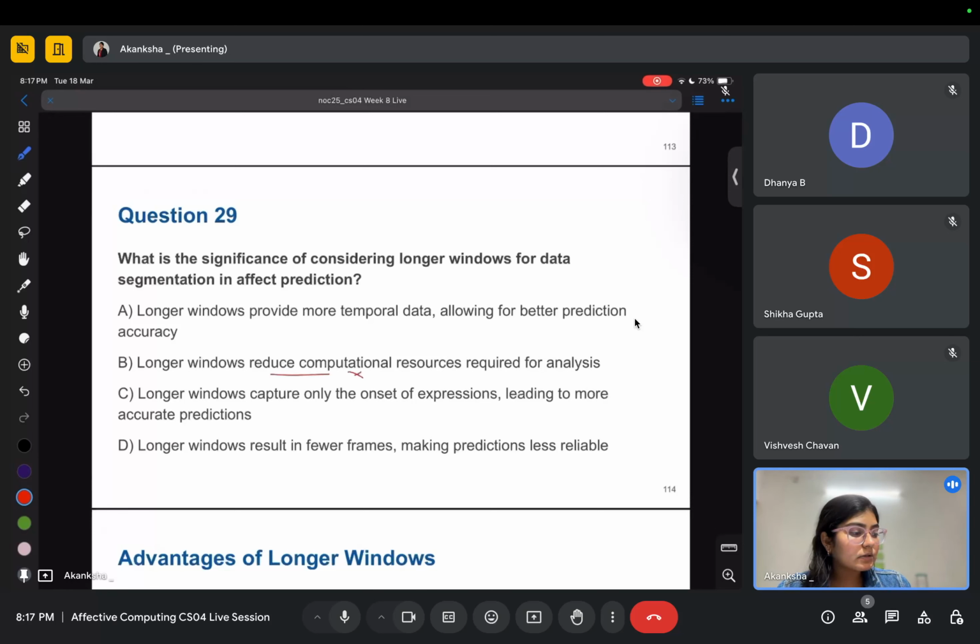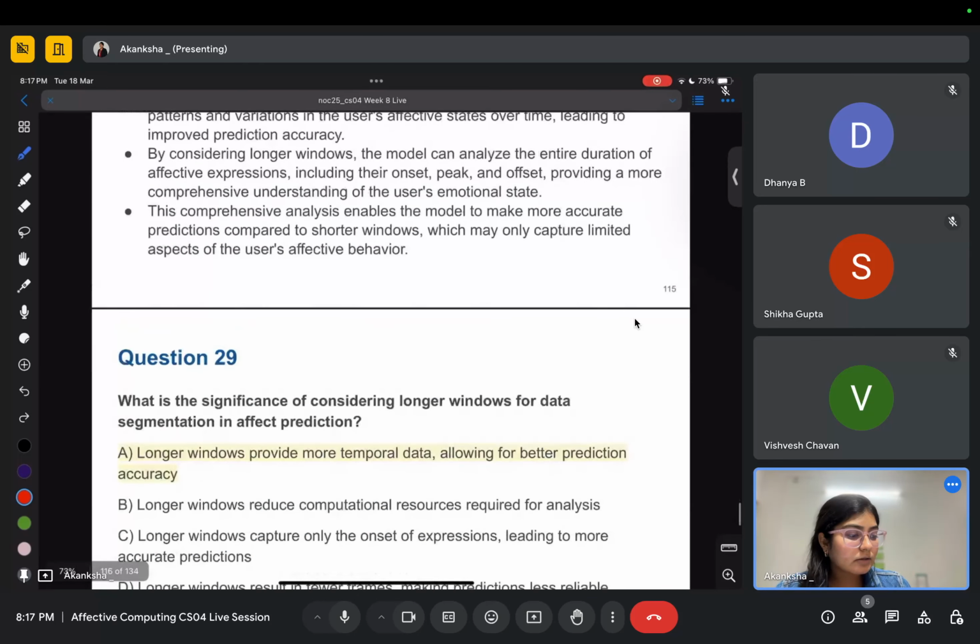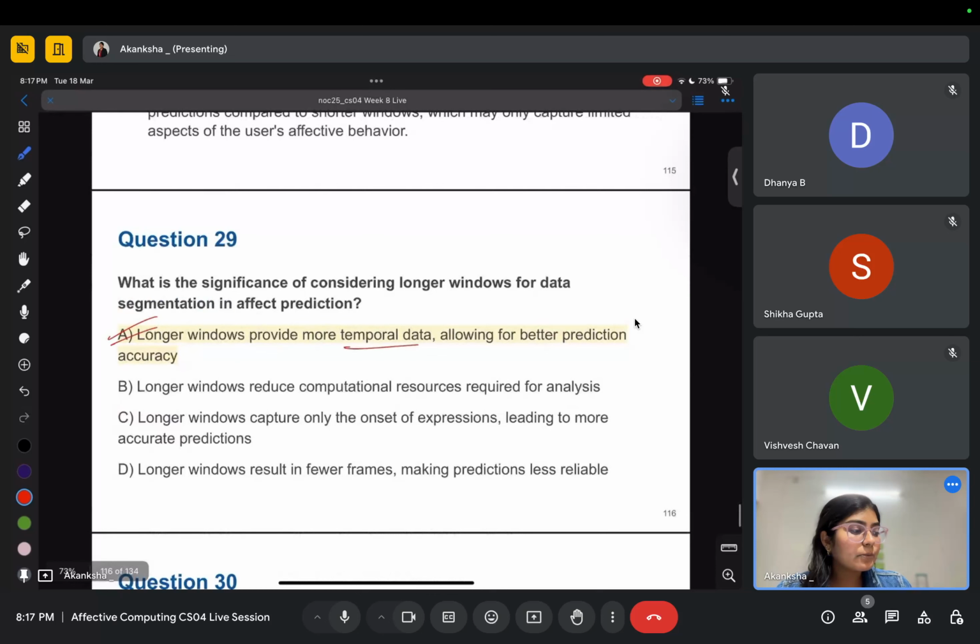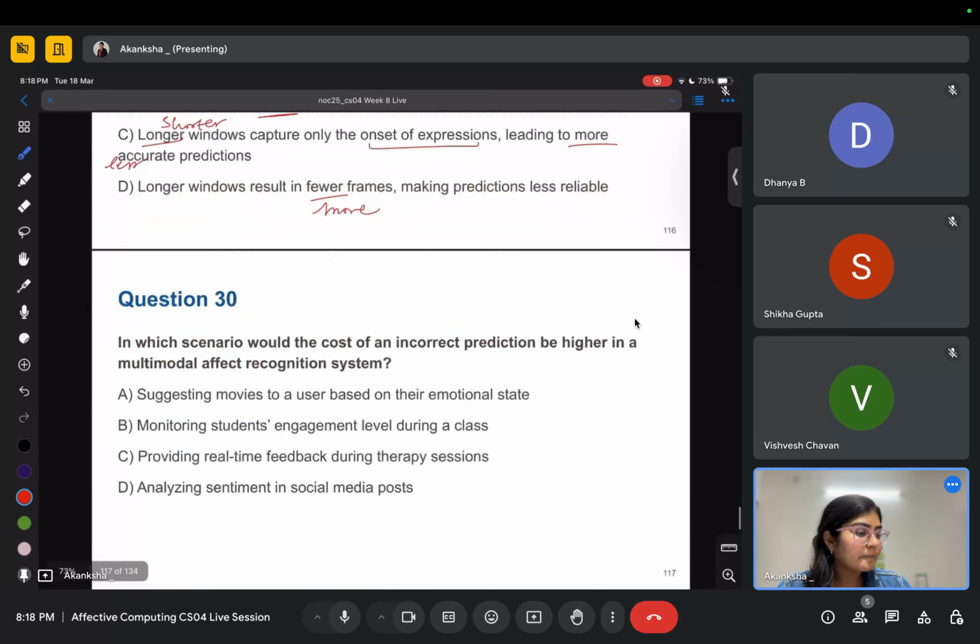The others are incorrect. Capturing only the onset of expressions, no. Longer windows resulting in fewer frames, no. Shorter windows can only capture the onset, leading to less accurate results. Longer windows mean more frames. So the first option is correct. This is a trade-off.